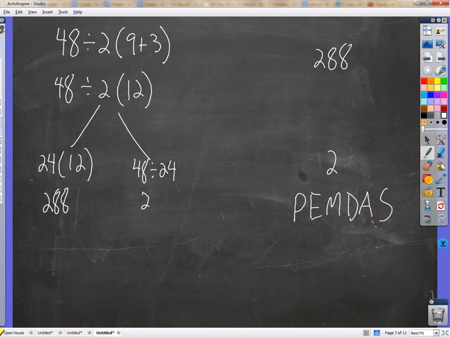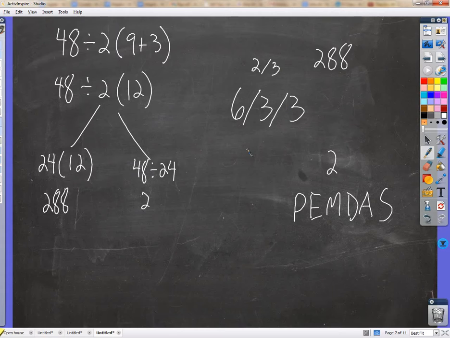Here's the thing. In his video, he brought up an even better one: 6 divided by 3 divided by 3. He did it 2 different ways. One way, he did 6 divided by 3, which is 2, divided by 3, and he got 2/3.